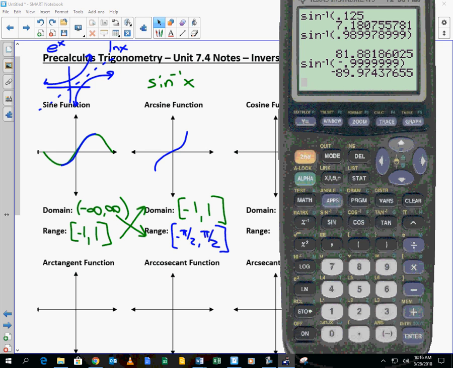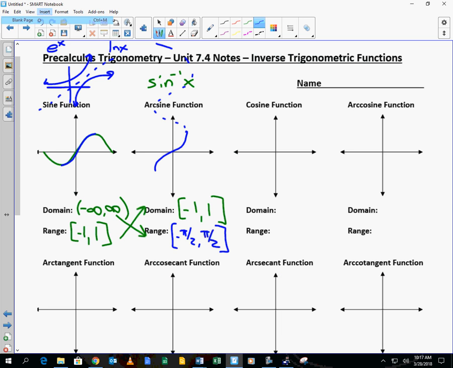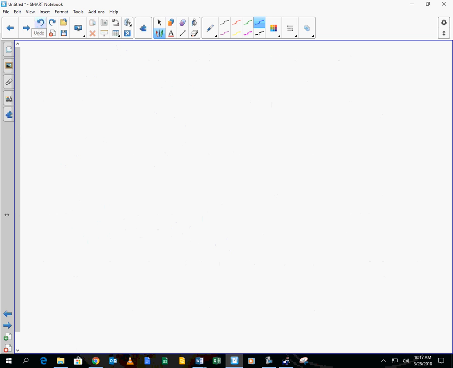Your calculator can only produce values for arcsine between -90 and 90. If you want it to produce more, then you're going to have to do some trig. Because if it produced more, it wouldn't be a function anymore, would it? See my point?